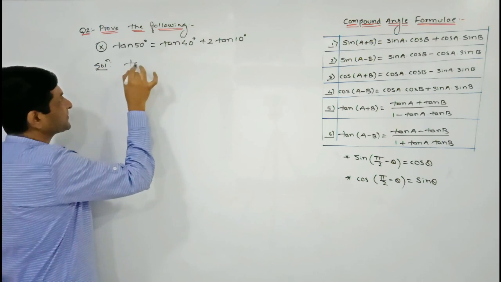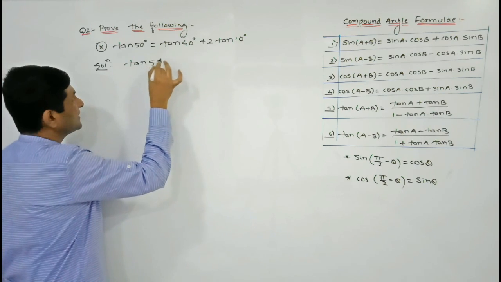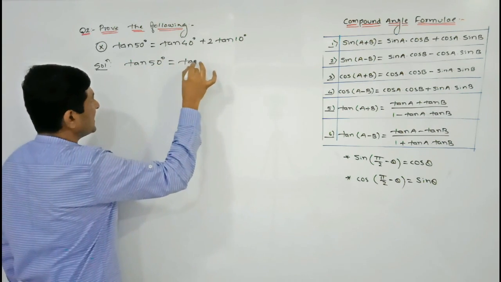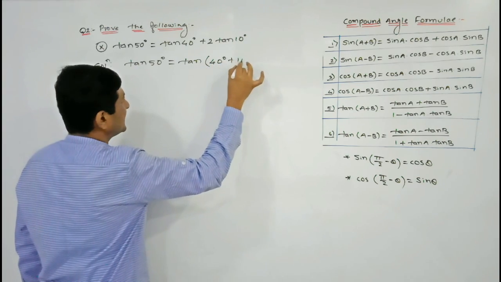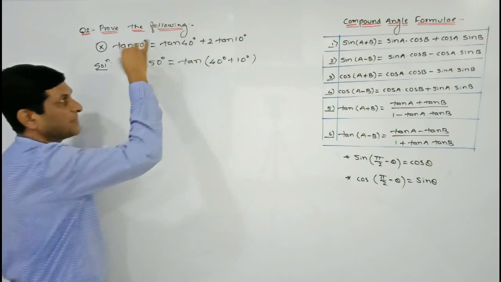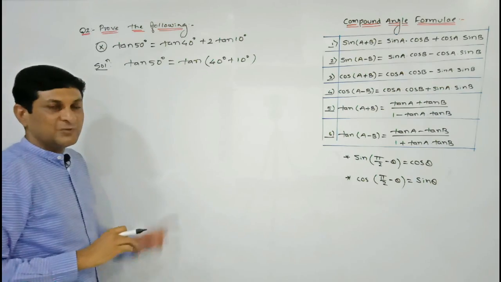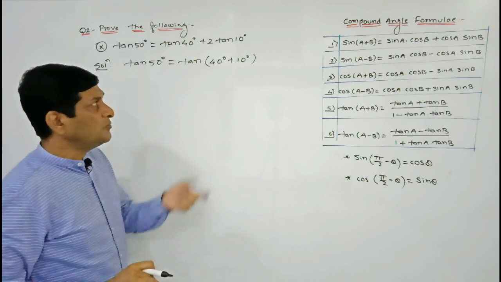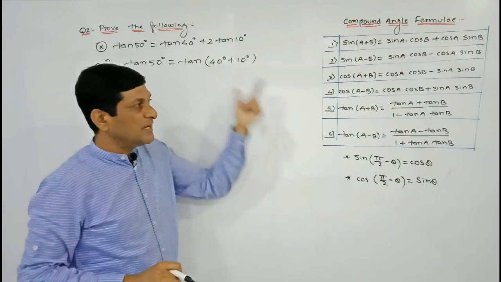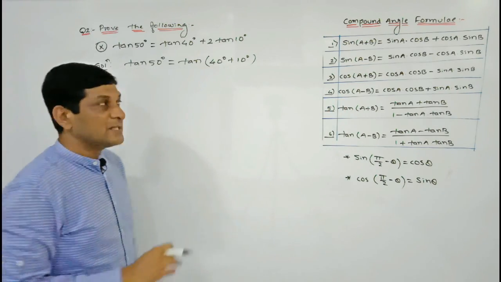So tan 50 degrees can be written as tan of 40 degrees plus 10 degrees, because in our expression the terms are related to tan 50, tan 40 degrees and tan 10 degrees. Now we have arranged the term in the form of tan(A+B), so apply this formula.